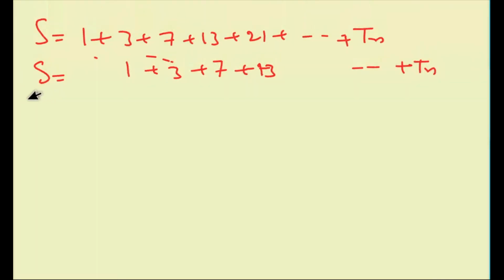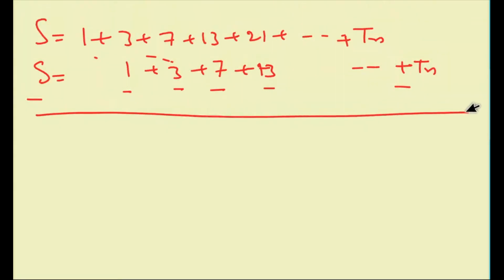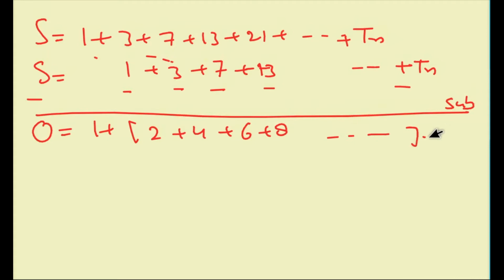So subtracting this, we find here 0, and write in brackets the series of AP this way, and minus Tn is here.